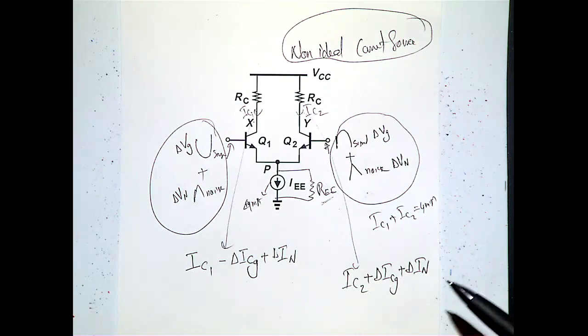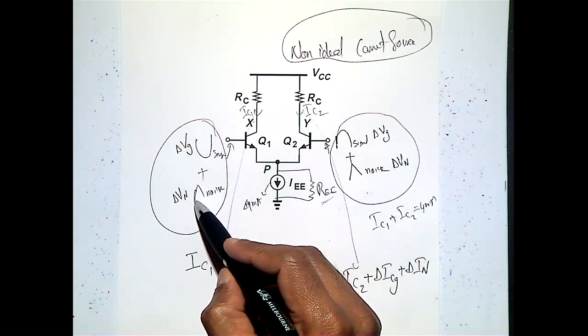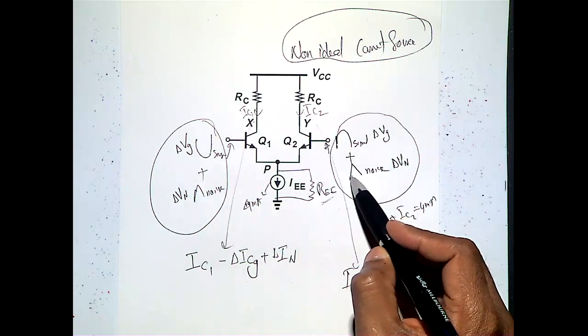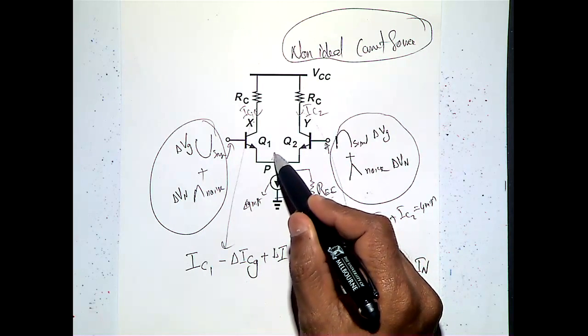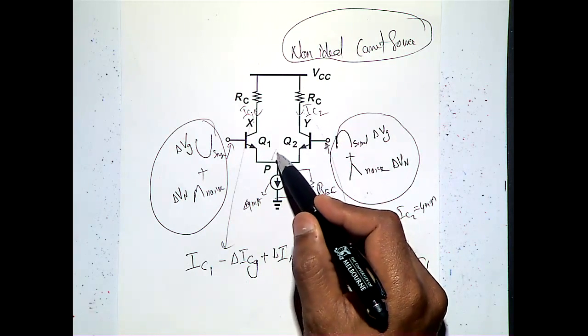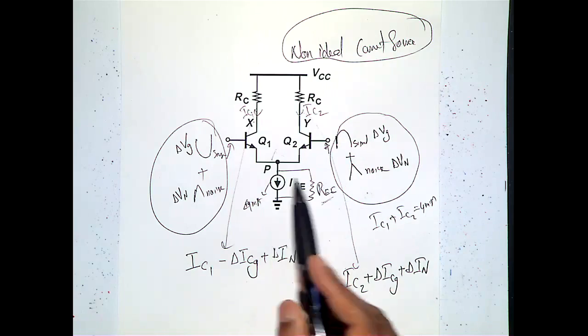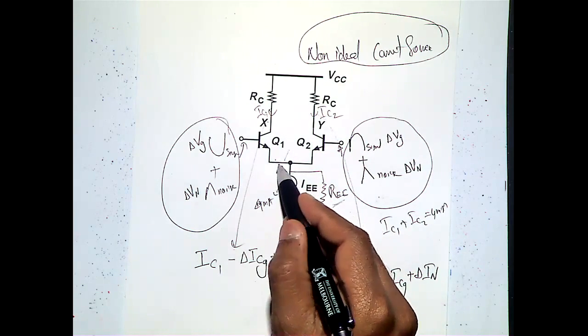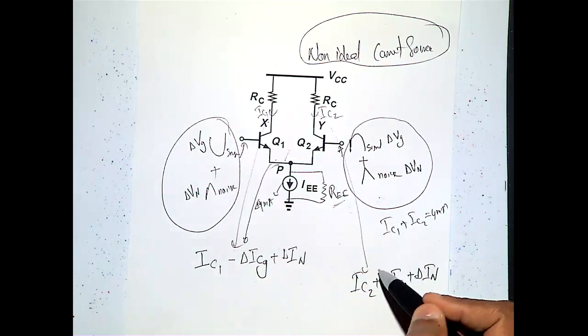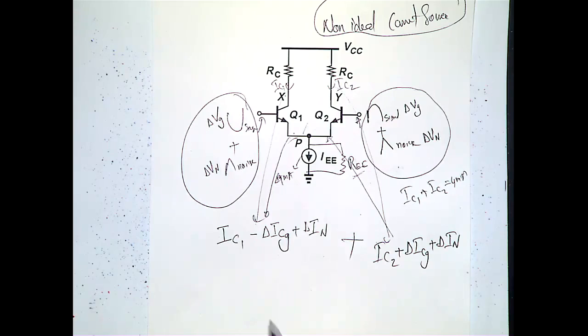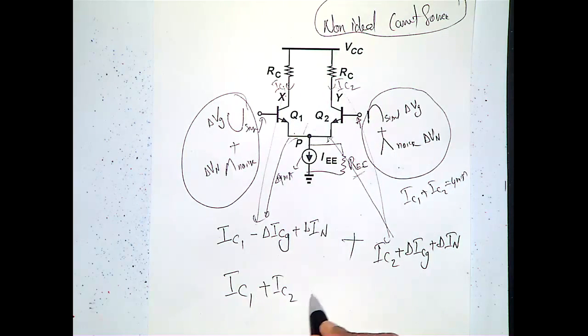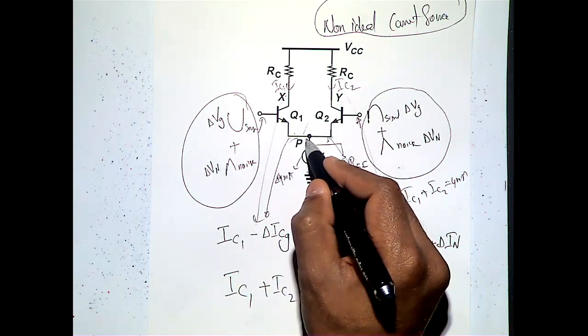But then the question is, when the noise is increasing here, that is a common mode, and then I said that will appear here. This point, the voltage will be increasing. You know what I meant? And then when this is not ideal, this current will come here, that current will come here, and then this current will come here. And then both will be adding up. Then what you will get is IC1 plus IC2 plus 2 times delta IN. So that is a current here.